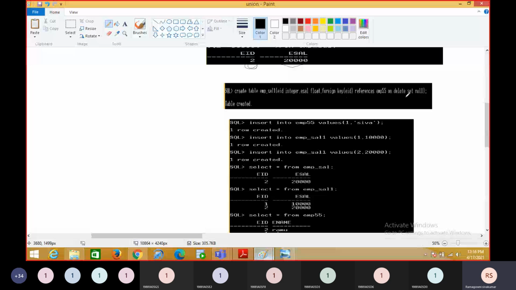Now I am inserting values again, because I already deleted the Siva value, so that is why I inserted into this table. Next, in the EMP salary table, I inserted one ID with 10,000 rupees salary, and a second with 20,000 salary. Now select star from EMP salary.